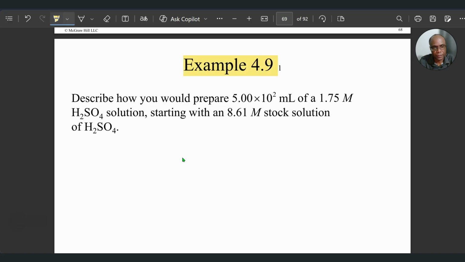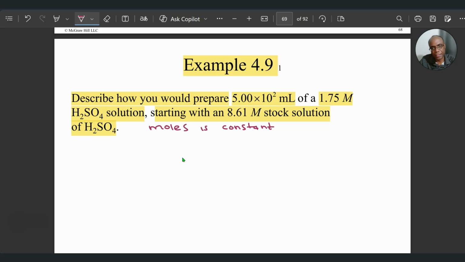Example 4.9. Describe how you'd prepare 5.00 times 10 to the power 2, which is 500 ml, of 1.75 molar sulfuric acid solution, starting with a more concentrated 8.61 molar stock solution of sulfuric acid. So see here, we are not changing the moles. The amount of sulfuric acid is constant. So moles is constant.